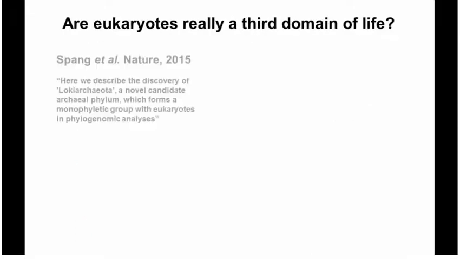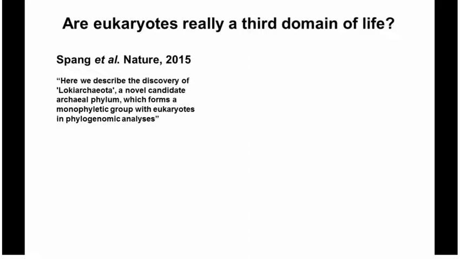Now, this idea changed maybe about 4 or 5 years ago with the publication in Nature of a discovery of another group of archaebacteria called Loki archaeota. The sequences from the genomes of these bacteria were identified by taking samples from an underwater volcanic vent in the far Arctic.